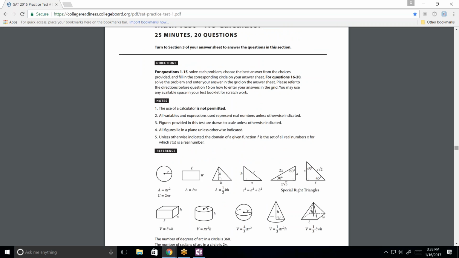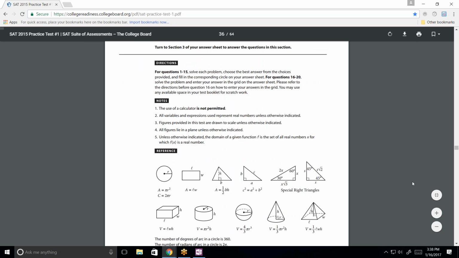The one thing that the SAT does that the ACT did not do is give you all of these general formulas: area and circumference of a circle, area of a rectangle, triangle, the Pythagorean theorem, these two special right triangles, and then volume formulas.